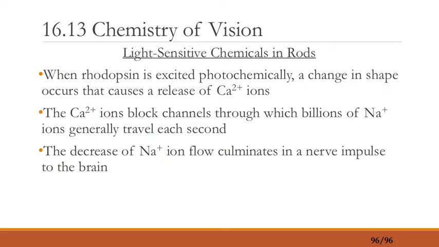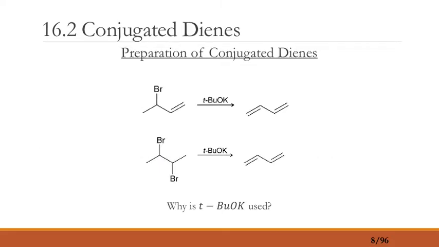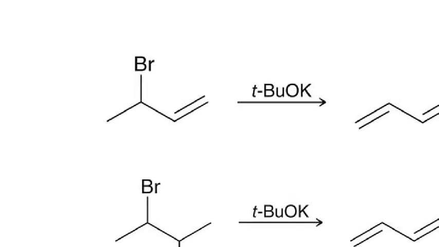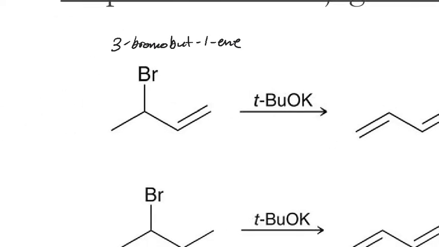That's pretty neat. Here we have some methods for preparing conjugated dienes. We have, let's see, the name of this would be 3-bromobut-1-ene, and potassium tert-butoxide, which is a big bulky base.